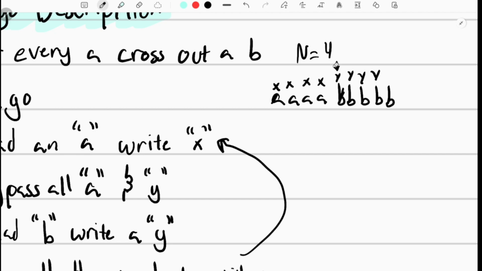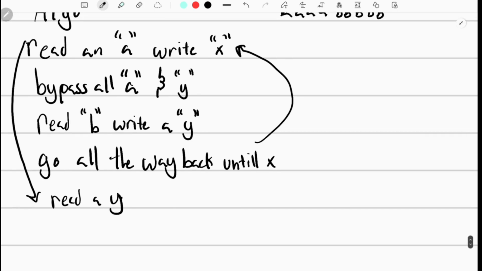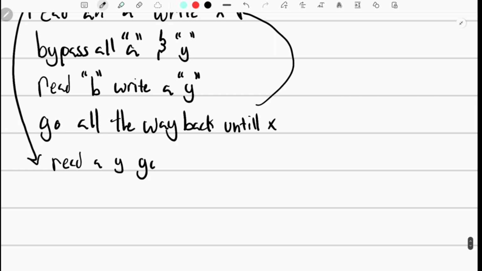So the next thing would be a Y. So from here we could write read a Y, and then go right until read 1 B.